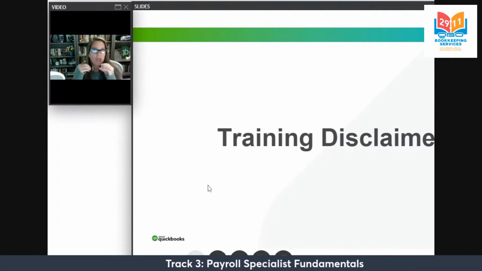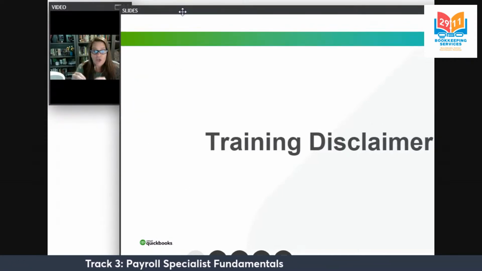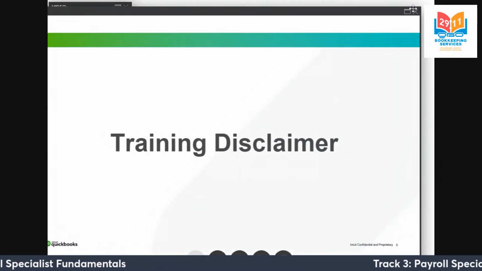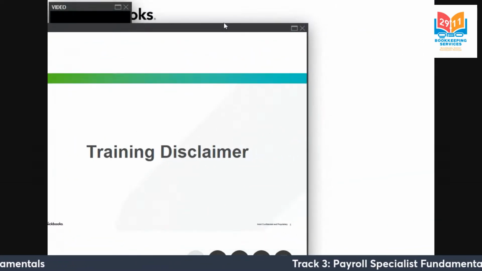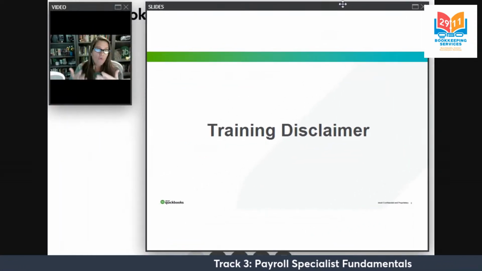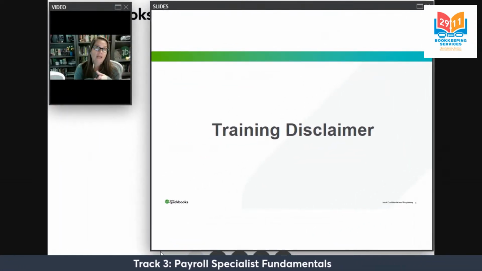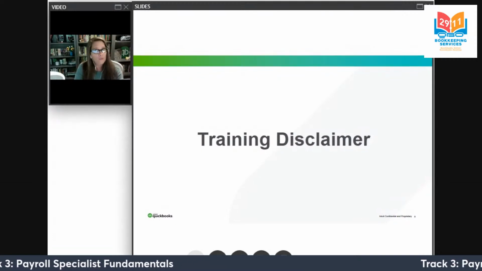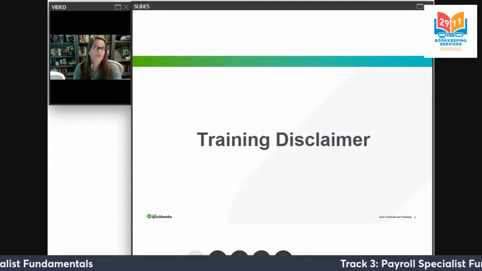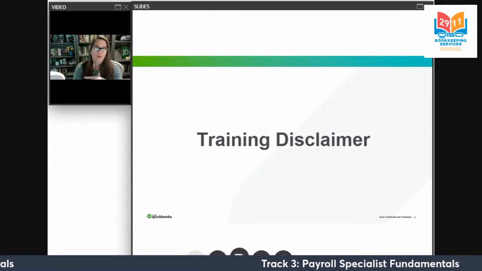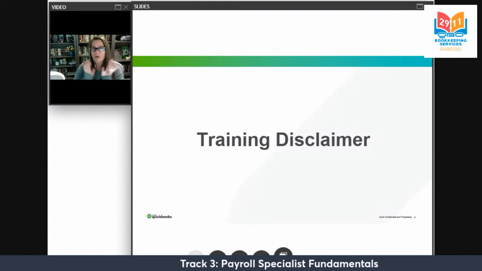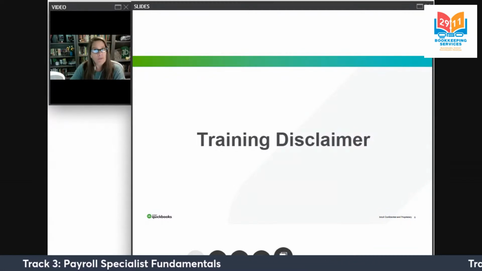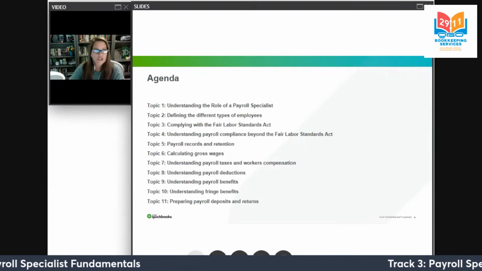The information shared may change in the future, and so you are always going to want to refer to any of the sources or the links that are provided for the most current information, whether that is the federal government about federal payroll rules, or your state and local resources as well. So you want to make sure that you stay up to date, because this could change tomorrow. They might decide to change stuff.